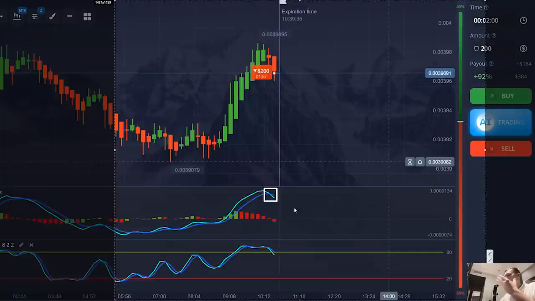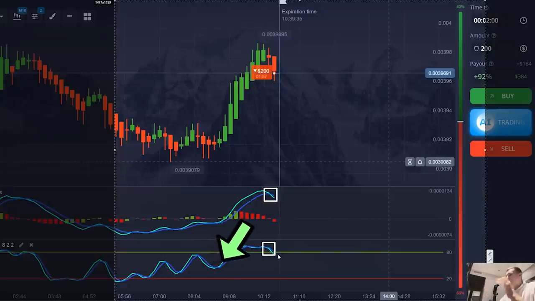I see how a few seconds ago 2 lines crossed at a critically high point and are now heading down. Also, on a histogram, I see red candles in a lower position and this is a good signal. Stochastic completely duplicates the signals, the lines intersected at the top point, and in general, the signal already looks very good.